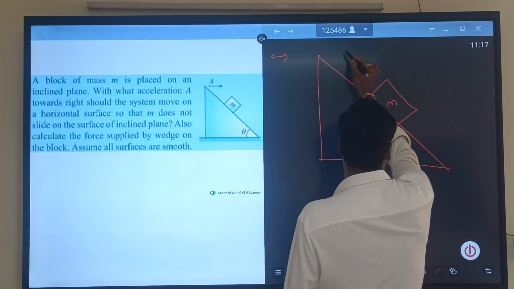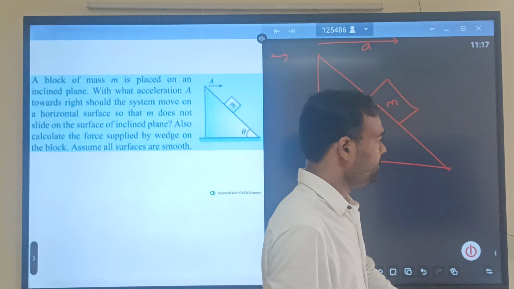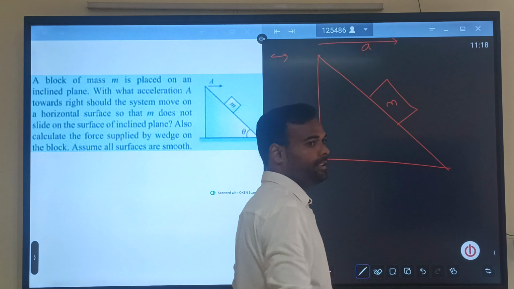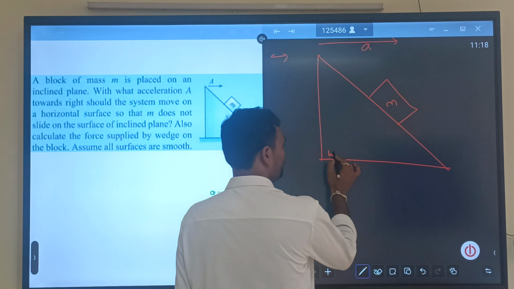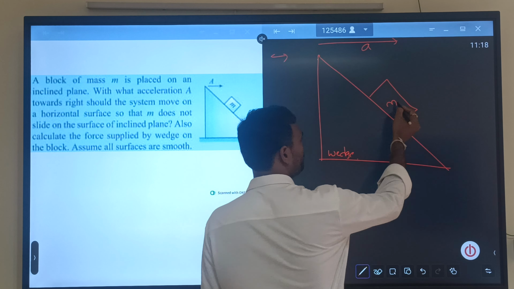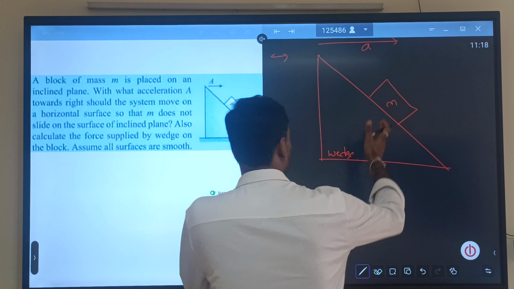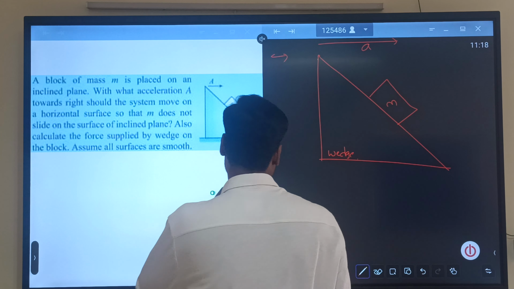That means the whole system has to move with a certain amount of acceleration. Even in such a case, the mass should not slide on this block, the wedge. Let us assume this is the wedge, this is the block, and assume all surfaces are smooth.